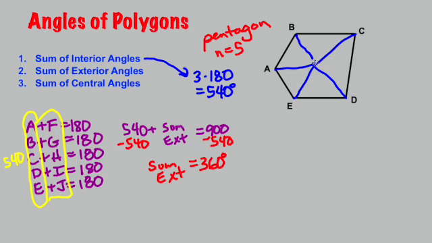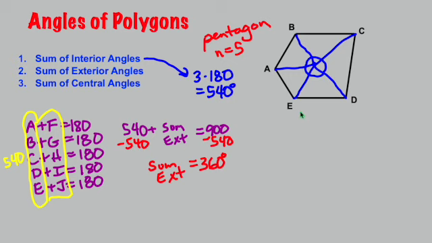And a central angle is nothing more than the angles in which the vertex is actually the center. So for instance, that is a central angle because it goes from C to the center out to D. I'm going to go ahead and make another central angle and another, and here's another central angle and here's another. So what you'll notice is that when you look at all of the central angles, in this case 5, they make a circle.